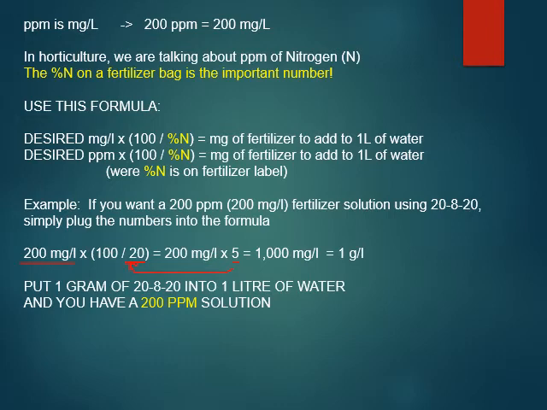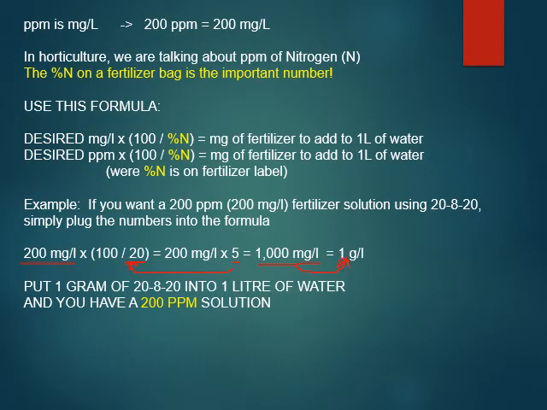So that means that we're multiplying, we're going to end up having to weigh more, right? Makes sense. If you want 200 milligrams of nitrogen, but only 20% of what you're weighing is nitrogen, obviously you're going to be weighing more to get that 200 milligrams. So this formula just corrects for that. So that means we need 1,000 milligrams per liter, and 1,000 milligrams is the same as 1 gram. This is unit conversion.